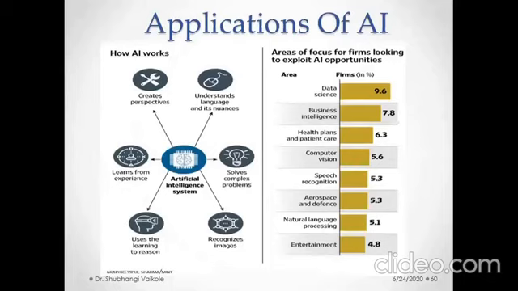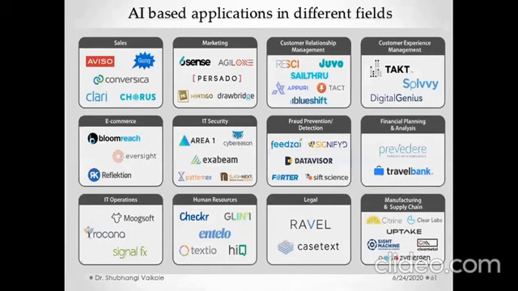So these are areas of focus for firms looking to exploit AI opportunities. The areas are data science, business intelligence, health plans and patient care, computer vision, speech recognition, aerospace and defense, natural language processing, and entertainment.